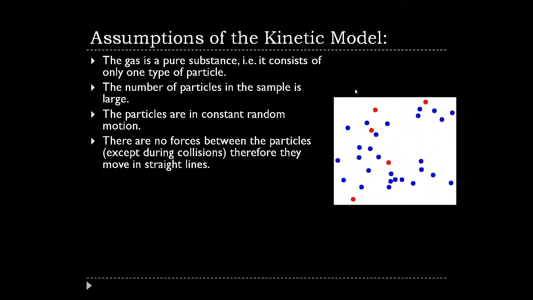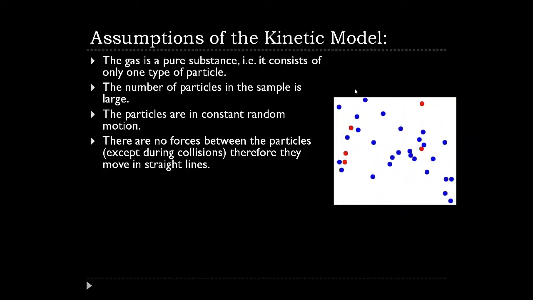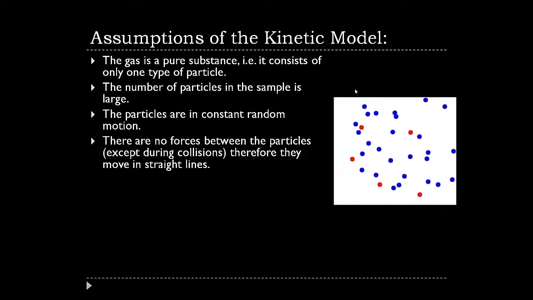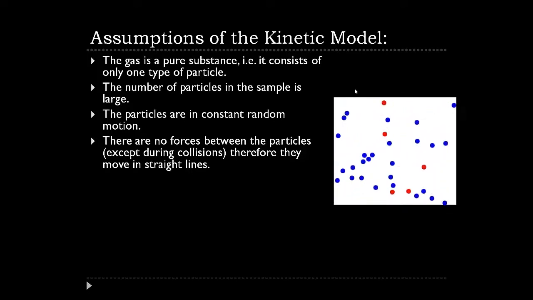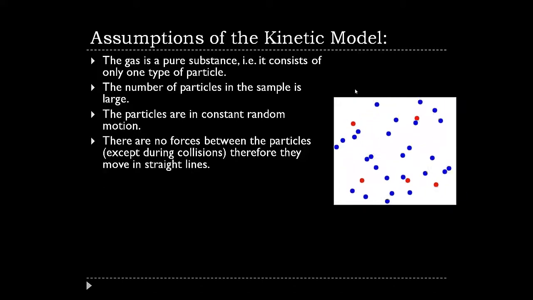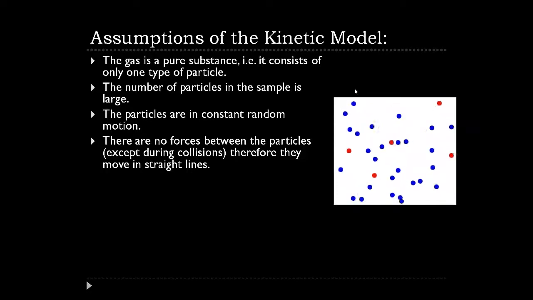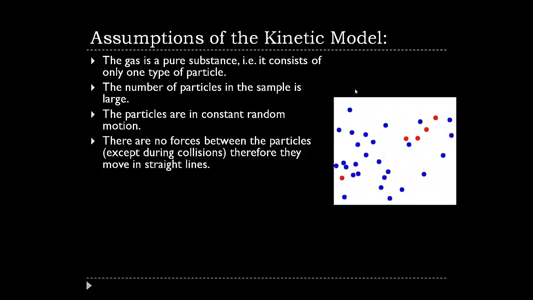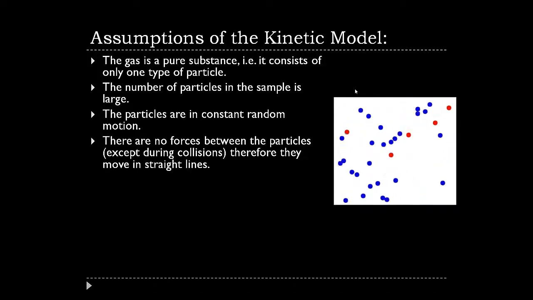We needed to assume that there were forces between the particles to explain the concept of latent heat. So when we're dealing with an ideal gas, we're going to do away with the idea that there's a force between the particles that's attracting them, and instead we're going to assume that they're just floating around like little billiard balls that only exert a force on each other when they collide.